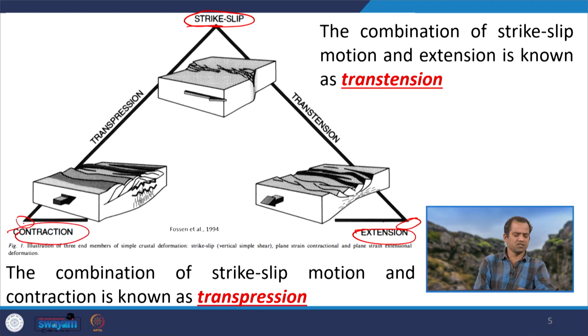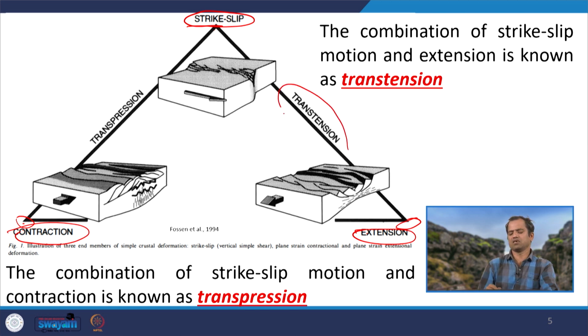So, here we have a pure reverse fault, here we have a pure normal fault, and here we have a pure strike slip fault. But in between, suppose a fault or a block is undergoing extension as well as strike slip. That means an extension component will be there and a strike slip component will be there.